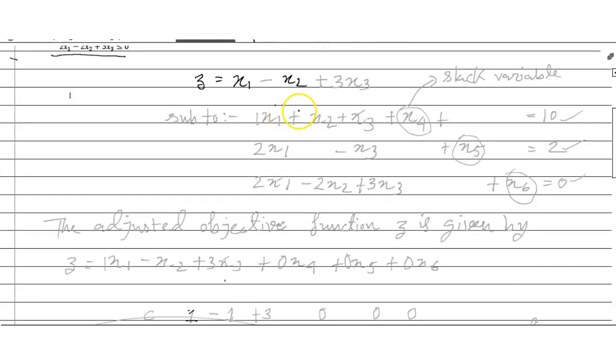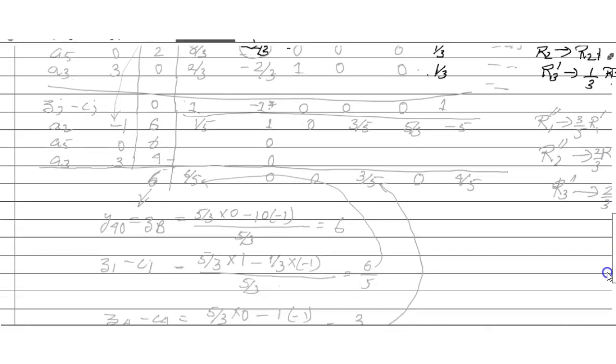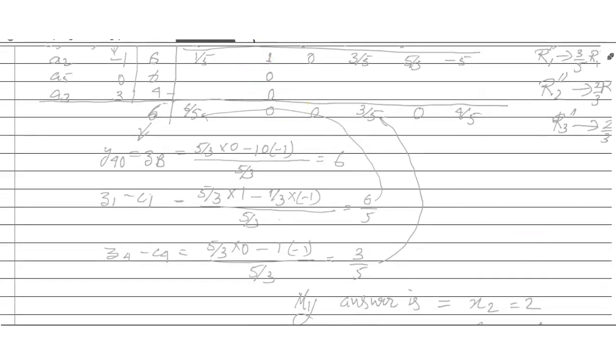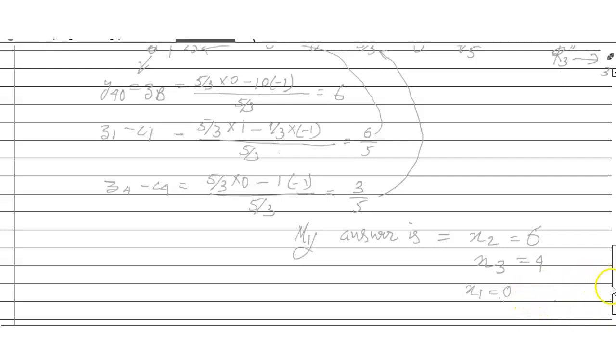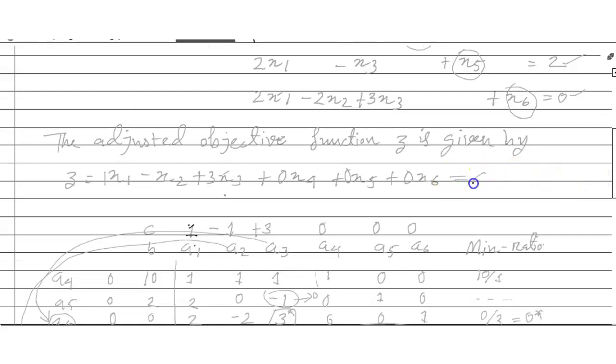So my maximum z is 6, and here x2 is 6 and x3 is 4, and the max z value is 6, because x2 is 6 and x3 is 4.